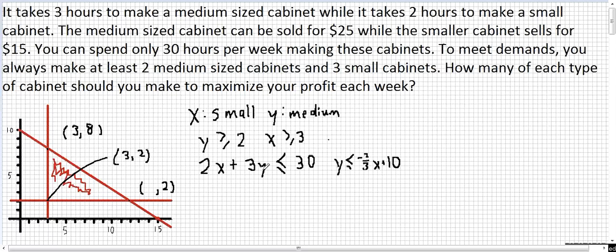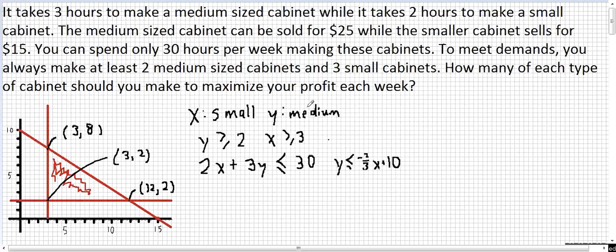If we plug in 2 for y, we get 6. 2x plus 6 is 30. 30 minus 6 is 24. And 24 divided by 2 is 12. So 12, 2.